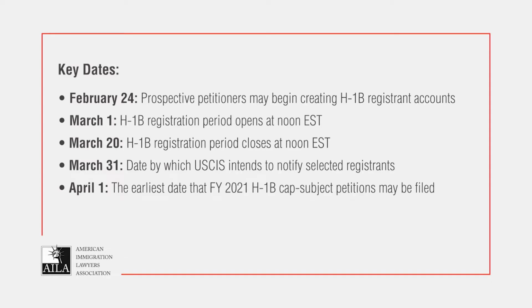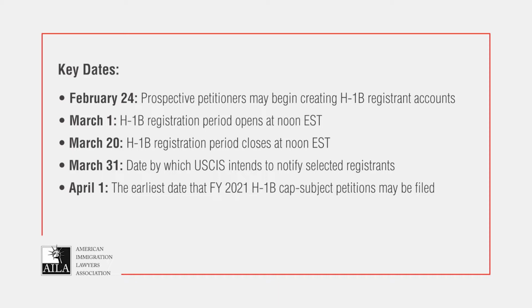At the outset, we want to note certain important dates related to the registration process. On February 24th, prospective petitioners may begin creating H-1B registrant accounts. Representatives may create a MyUSCIS account at any time.